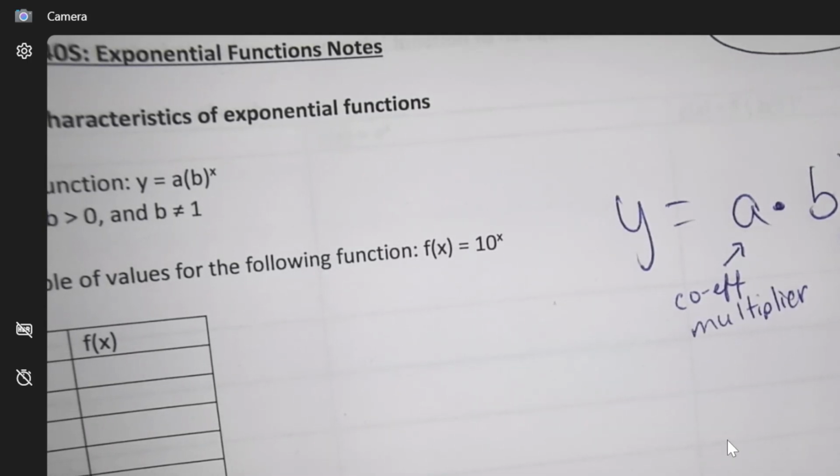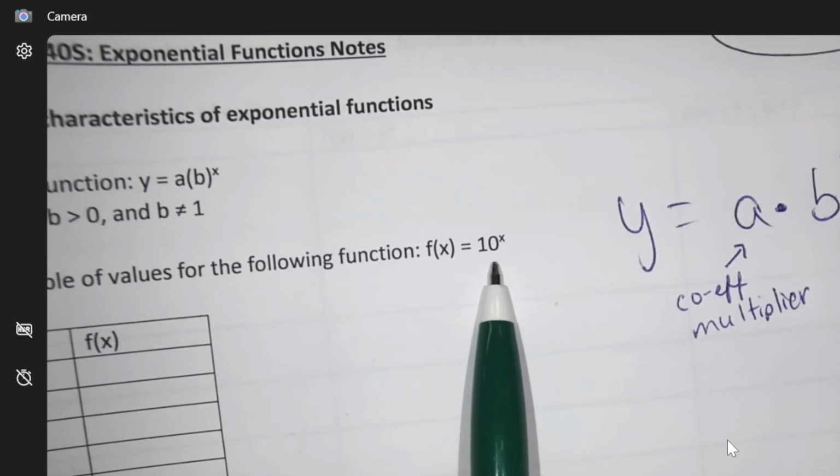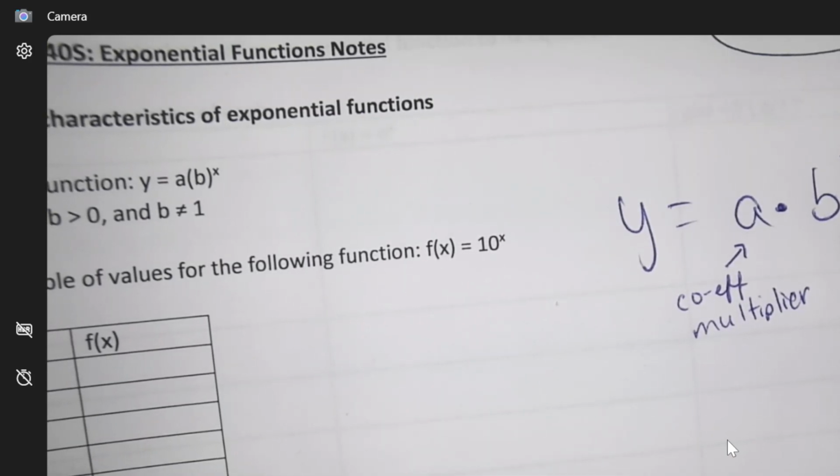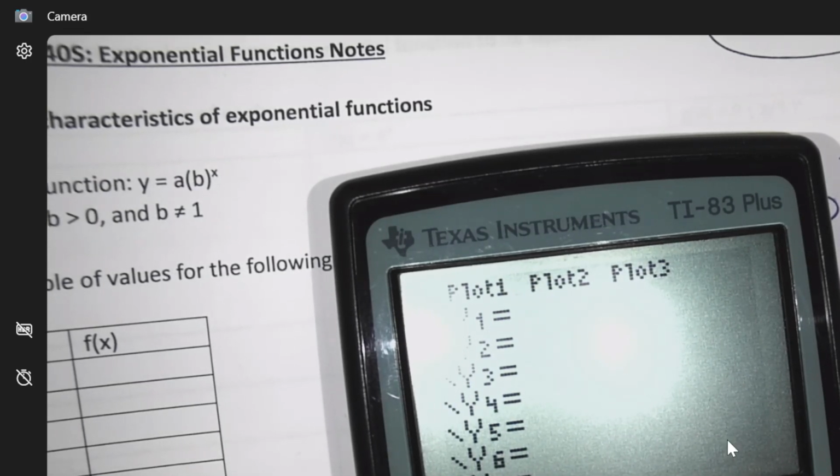Okay, we're going to graph this one. So I need you to go into your calculator and give me your y equals screen. Get rid of anything you have in there. Deactivate a plot if you have that on. And I need you to go 10 to the x.